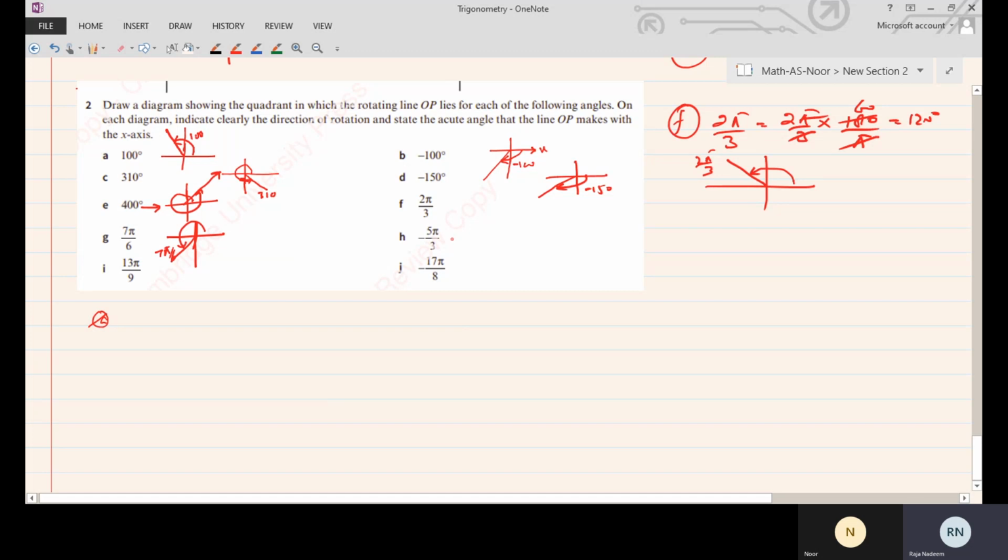Okay, H part. If it is 300 degrees and we go clockwise from the first quadrant, it will end up here. The basic angle of this would be 60, and this is minus 300, so the basic angle is 60 degrees. All right.